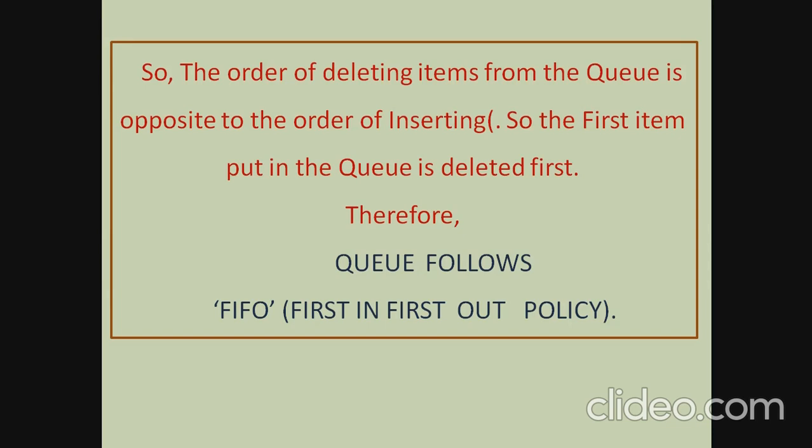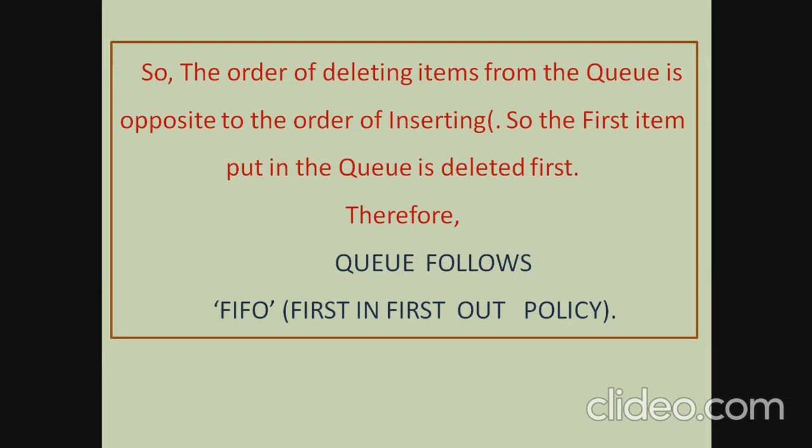Whoever went into the queue first takes the ticket first and comes out first. So first in, first out. So we say a queue follows a policy. What is the policy that a queue follows? FIFO policy. First in, first out policy.